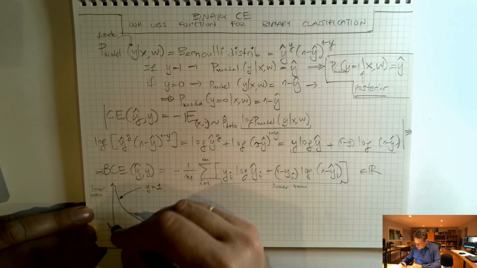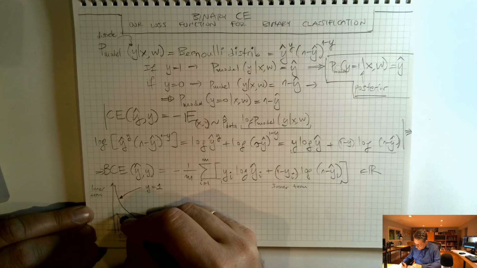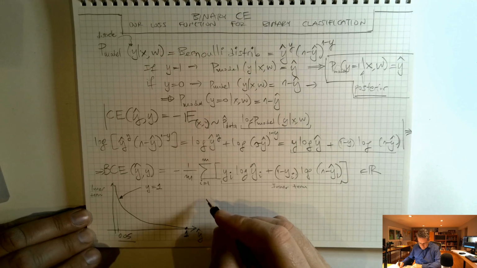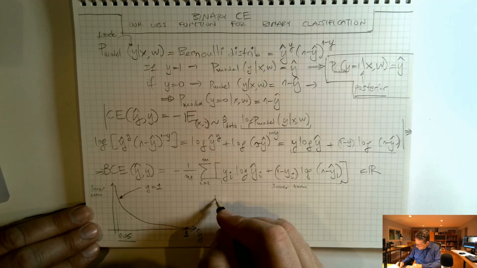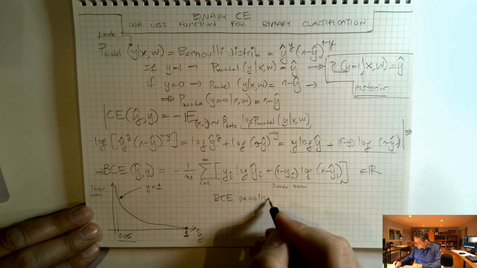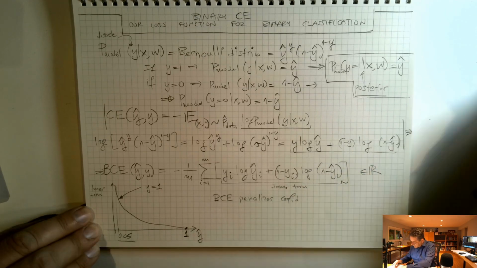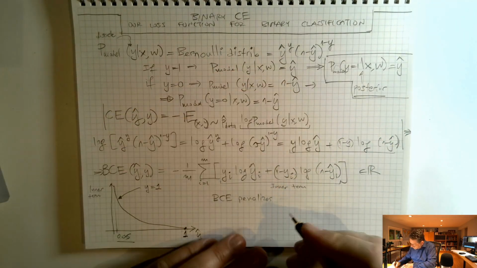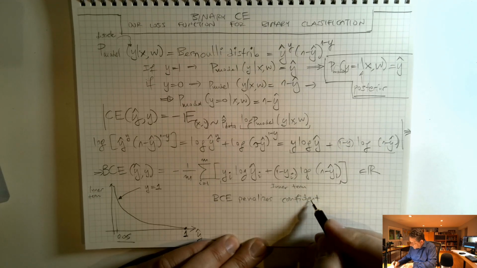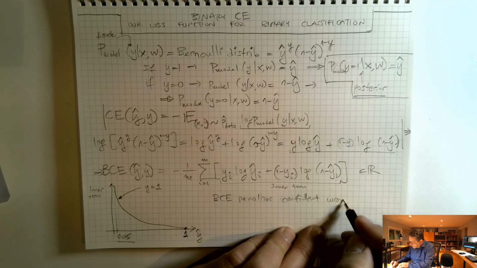Then, since my ground truth disagrees with me, I am going to incur a huge loss. So it is sufficient to say here that BCE penalizes confident wrong decisions. Such as 0.95, but wrong decisions.